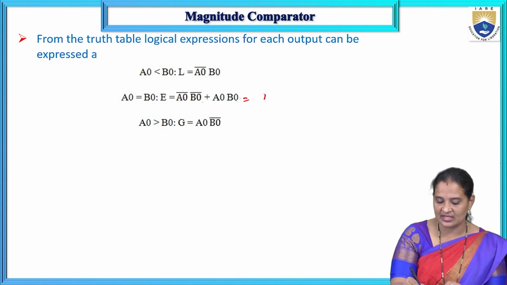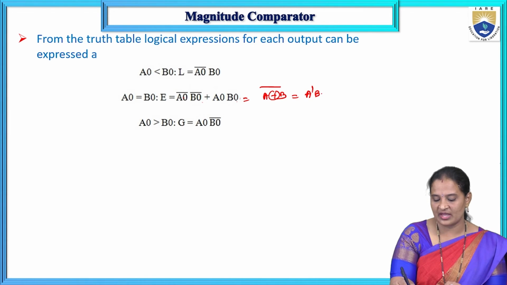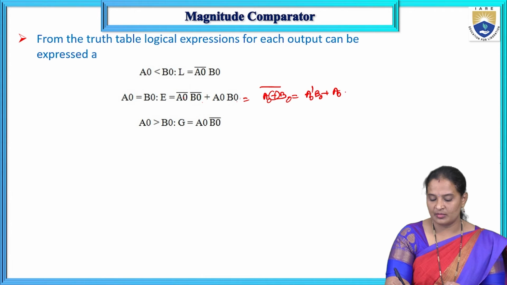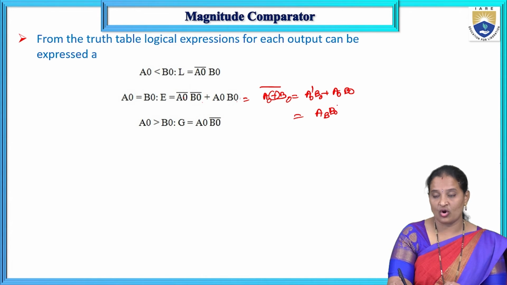I can write this as A XOR B whole complement, or else as A naught B naught complement plus A naught complement B naught, whole complement.